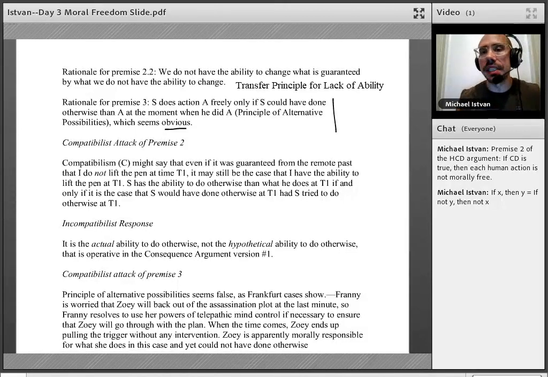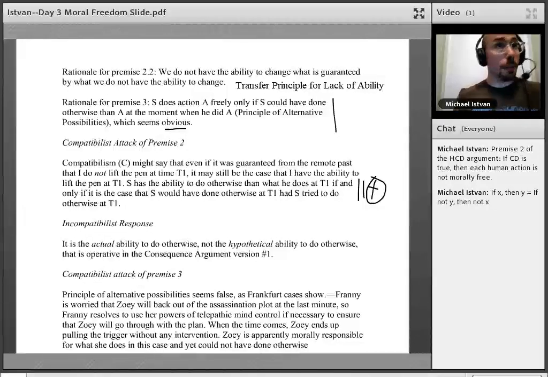Here's the compatibilist. And you might differ on the details of this, but this is how a typical compatibilist is going to express what it means to have the ability to do otherwise. And their account is going to be compatible with determinism being true. S has the ability to do otherwise than what he does at time 1 if and only if it is the case that S would have done otherwise at time 1 had S tried to do otherwise at time 1.